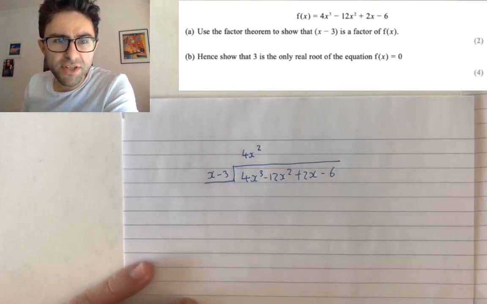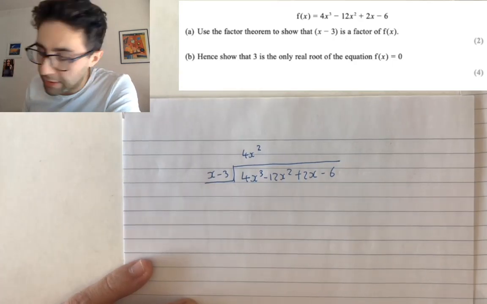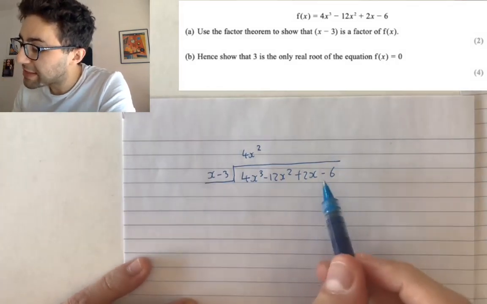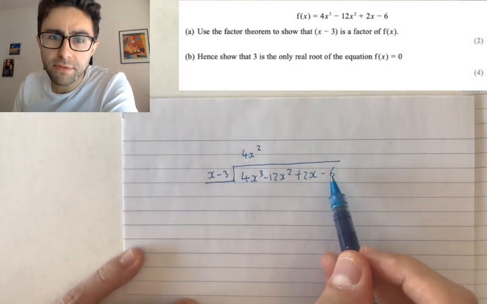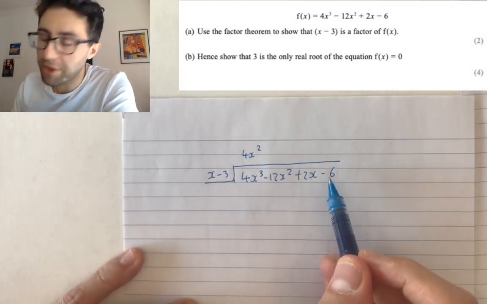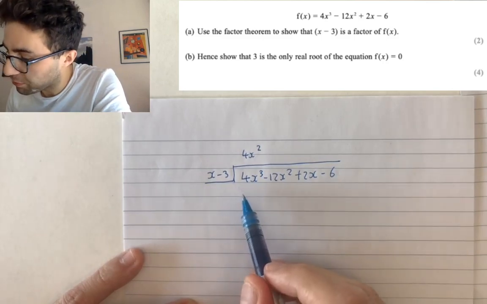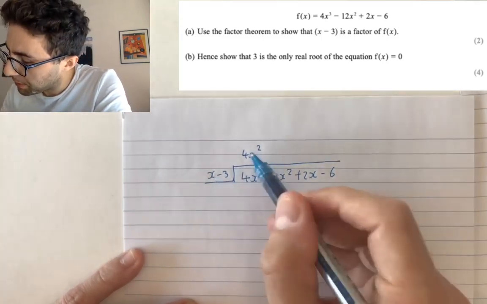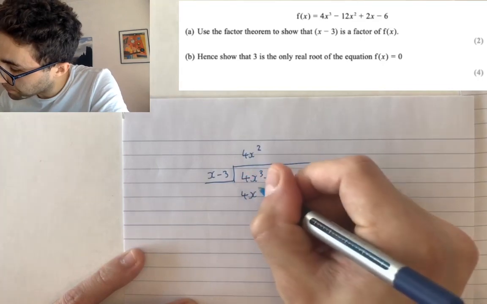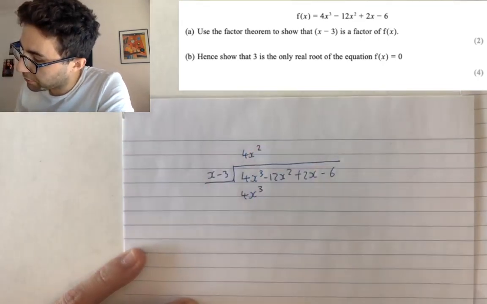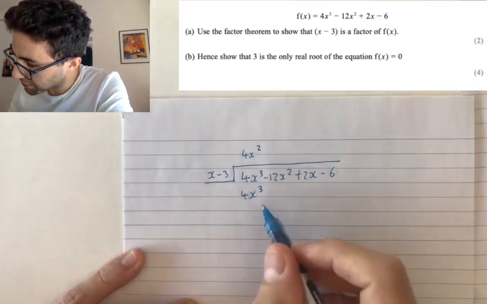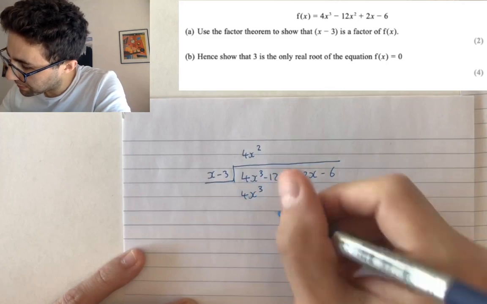Now this is the old tried and tested, passed down through the generations, long division of polynomials. I'm not going to explain in detail how to do it, not right here anyway, maybe somewhere else. If you go through it, x times 4x squared gives 4x cubed minus 12x squared.